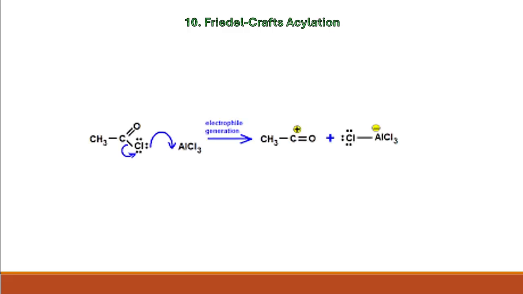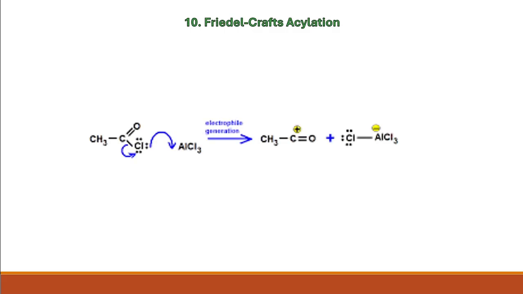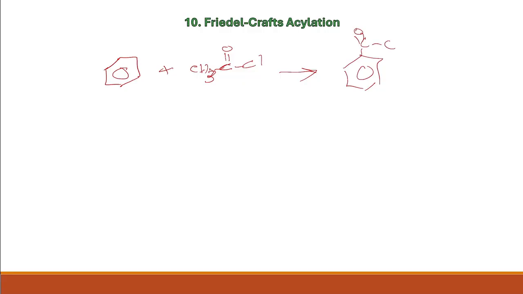Friedel-Crafts acylation. Friedel-Crafts acylation is the reaction when you add an acyl group to a benzene ring. So it's a type of substitution reaction. If you have your benzene ring, and then you have, for example, ethanoyl chloride, an acid chloride, you add the acyl group, COCH3, so you end up with a ketone.